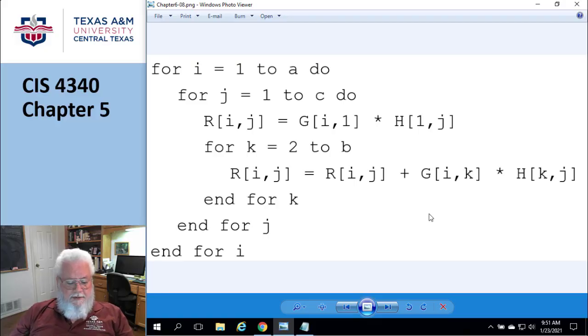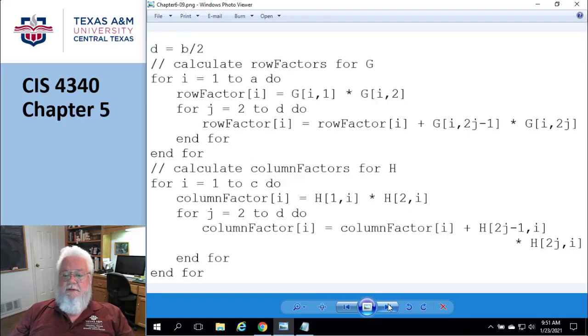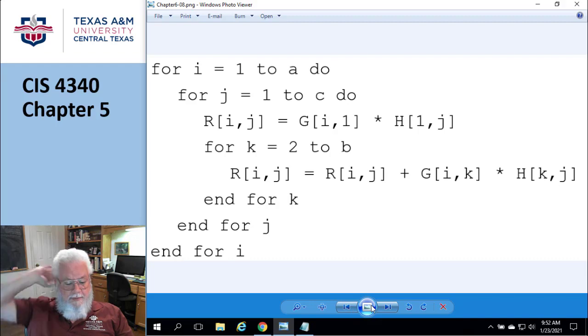They talk about how you can pre-process some things and turn them into vectors. I thought I had a graphic on that. Doggone it, okay, I don't. Basically what that means is I can do fewer multiplications and add some more additions. So it takes two pieces to make this work.